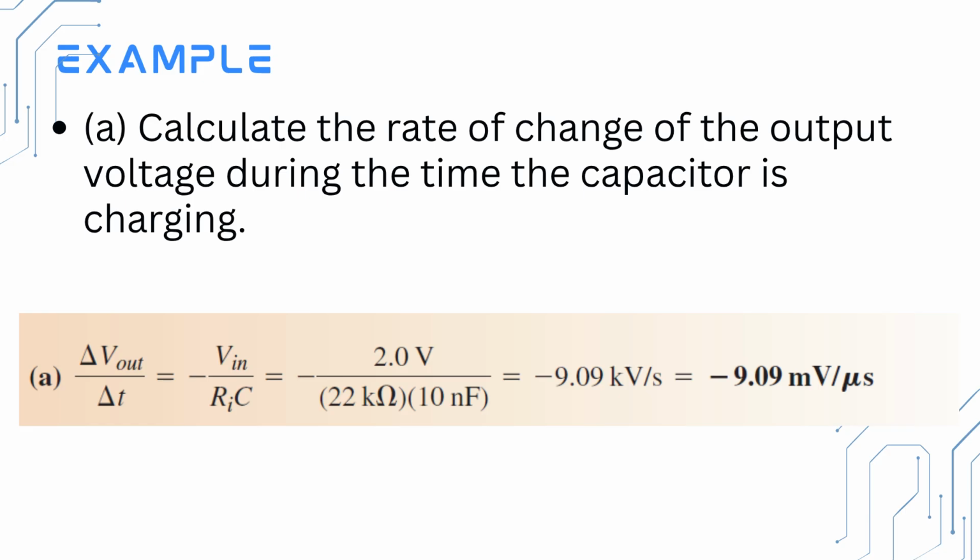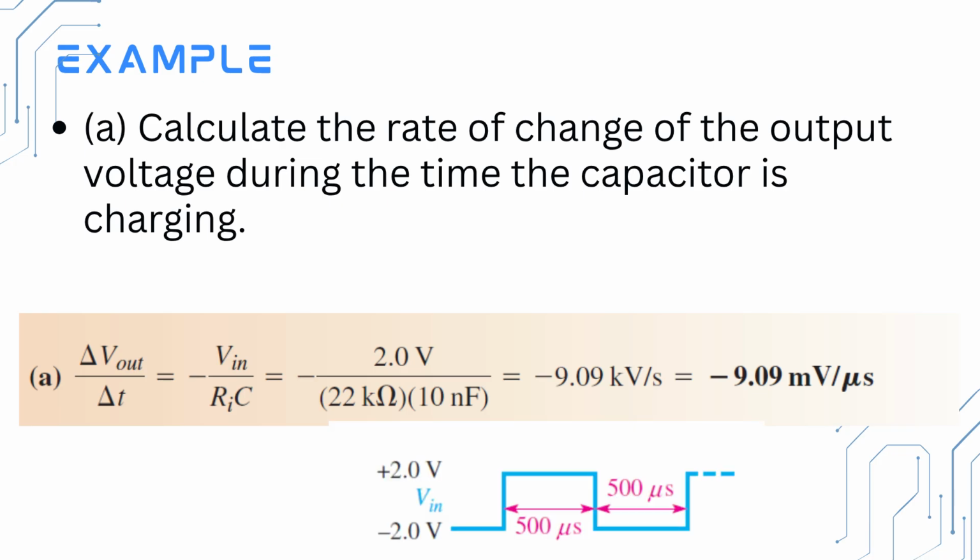which is the value of our capacitor and resistor, which is equal to negative 9.09 kilovolts per second or negative 9.09 millivolts per microsecond. We need to change our rate of change to microseconds since our given input voltage has a time of 500 microseconds.